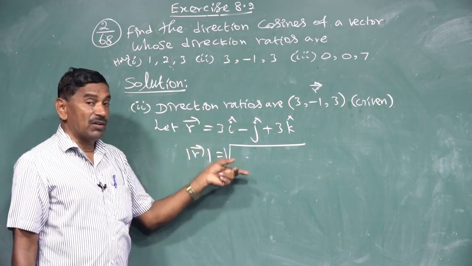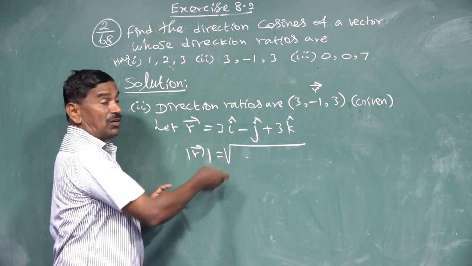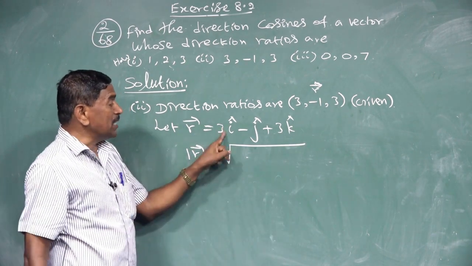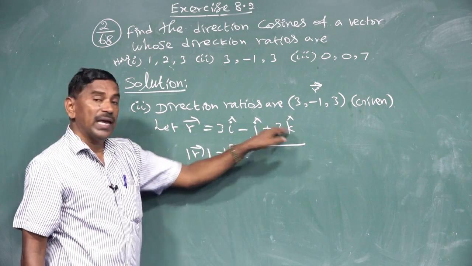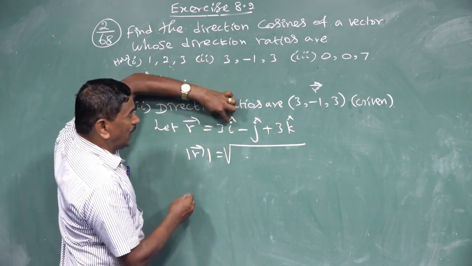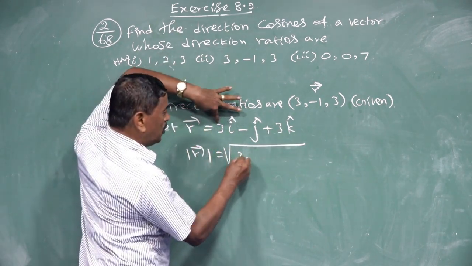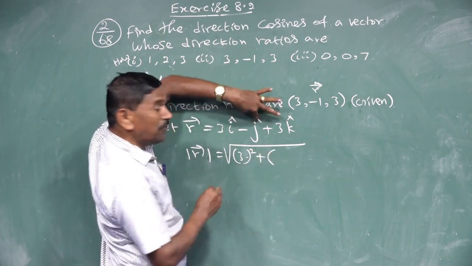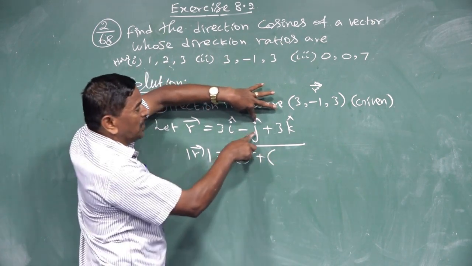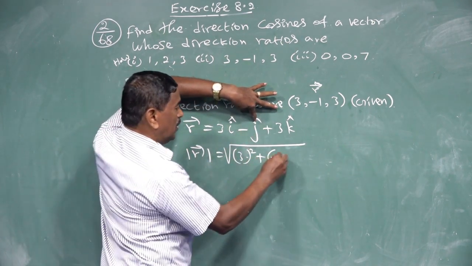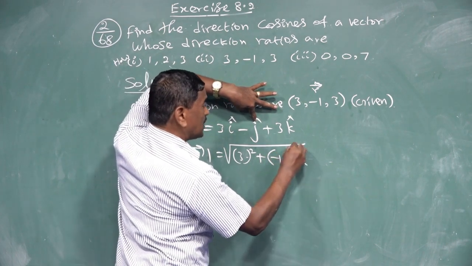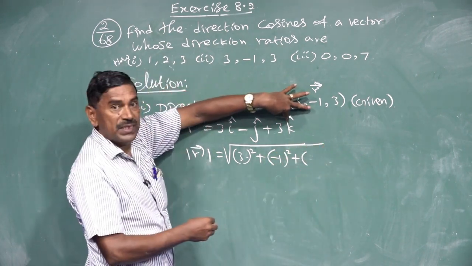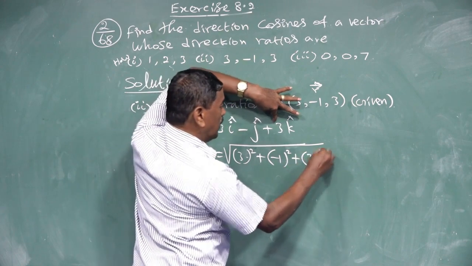Therefore magnitude of R vector is equal to square root of the sum of the squares of i, j, k coefficients: 3 the whole square plus minus 1 the whole square plus 3 the whole square.